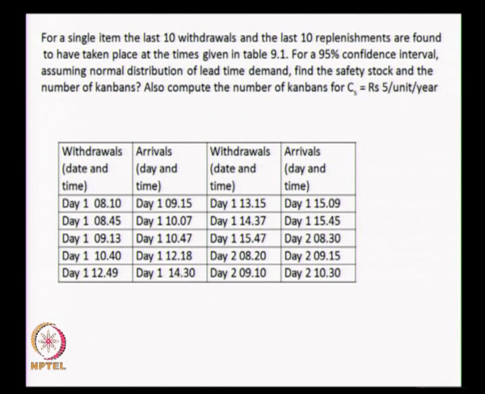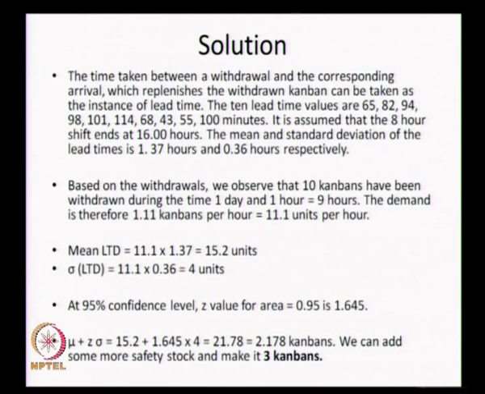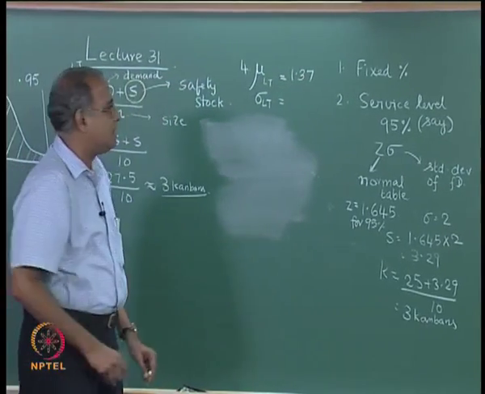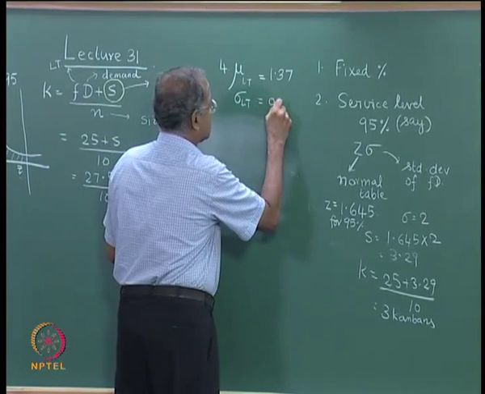Like this, the 10 time units are chosen, and their mean and standard deviation are 1.37 hours and 0.36 hours respectively. So 1.37 hours is roughly about 80 minutes.